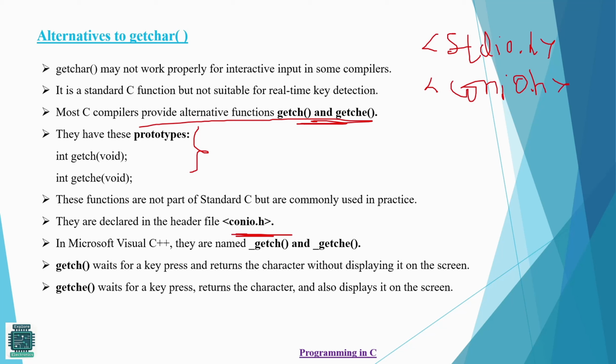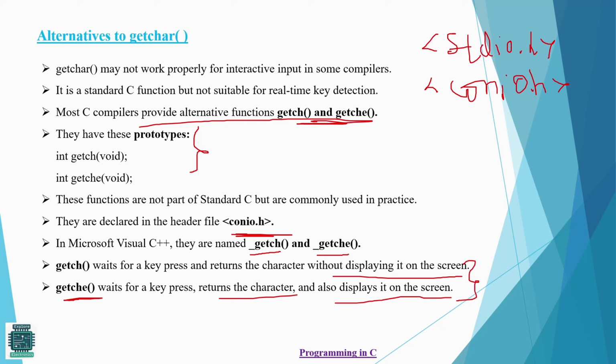In Microsoft Visual C++, they are named getch and getche. Getch waits for a key press and returns the character without displaying it on the screen. But getche waits for a key press and returns the character and also displays it on the screen.